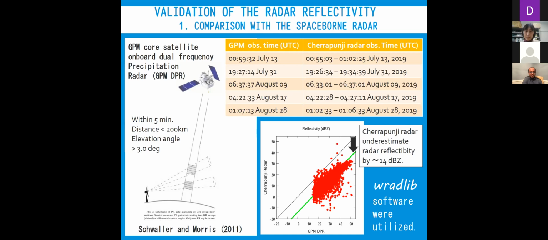The right figure is the result, and the Cherrapunji radar underestimated the radar reflectivity by around 14 dBZ.